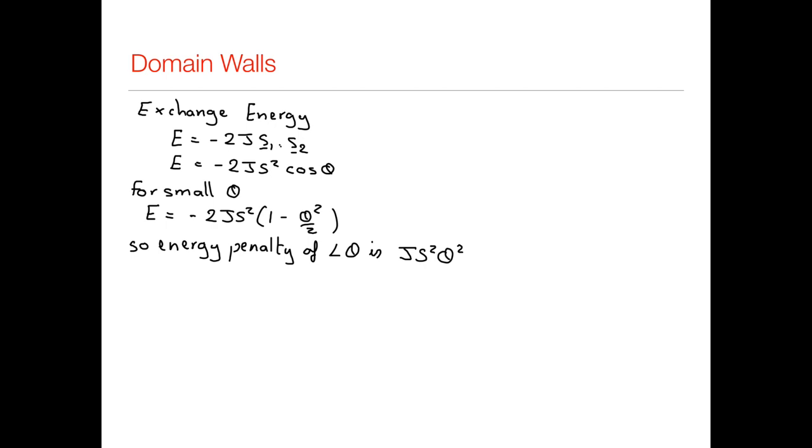Now what we're imagining is we've got our domain wall. Maybe this is the width of the wall, and there's going to be a rotation in total of pi, because we're going to go from being up to down. Let's imagine there are n sites in the wall, so n atoms in the width of the wall.